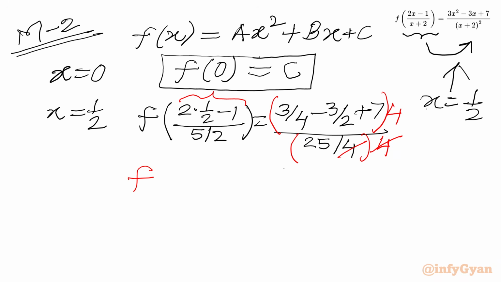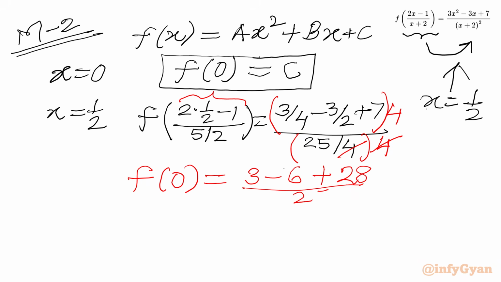So we can write f of 0 equal to 3 over 4 times 4, 3, minus 3 over 2 times 4, 6, plus 7 times 4, 28 over 25. 3 plus 28, 31 minus 6, 25 over 25, which will be equal to 1.